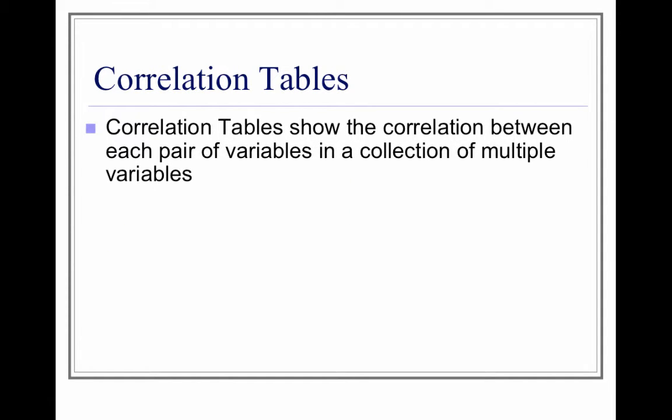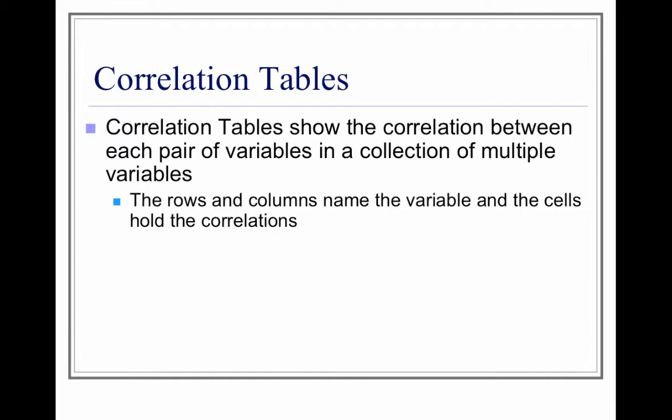Correlation tables are an effective way to show the correlation between multiple variables. If you're looking at the relationship among a lot of variables, correlation tables can be really helpful. The rows and columns give the name of the variables and the cells hold the correlations. And again, it's effective for looking at large sets of data.